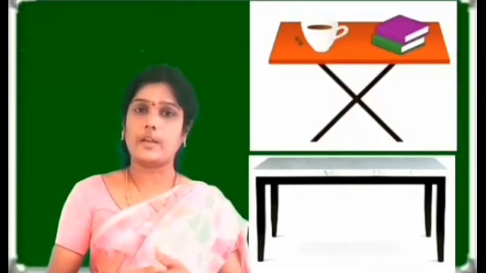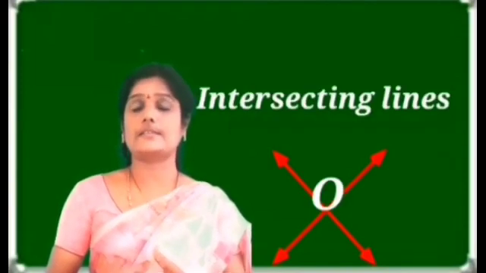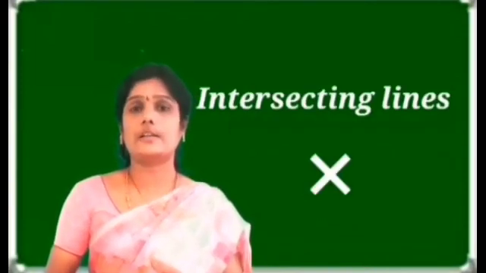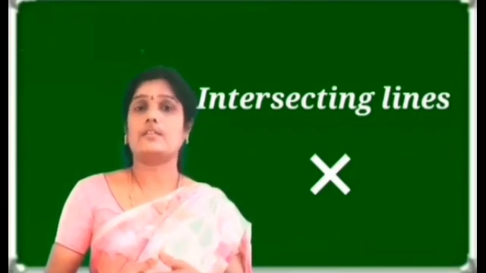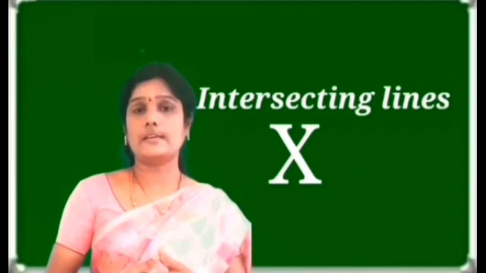In the first table, two legs meet at a point. If a pair of lines cross each other and meet at a point, they are called intersecting lines. In our multiplication symbol, we can see intersecting lines. Even in the alphabet X, we can see intersecting lines.